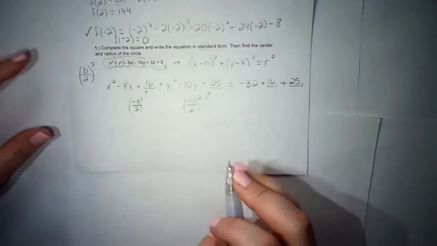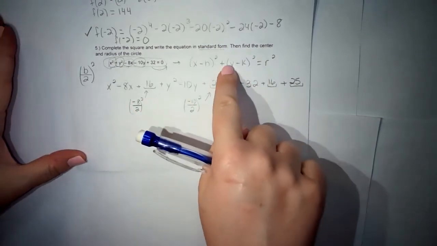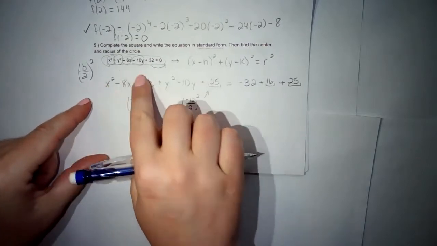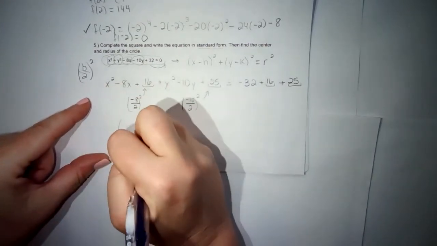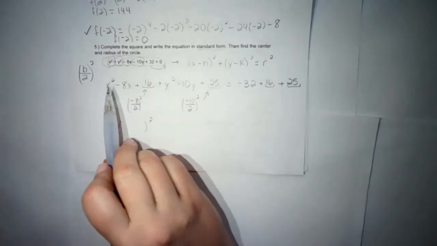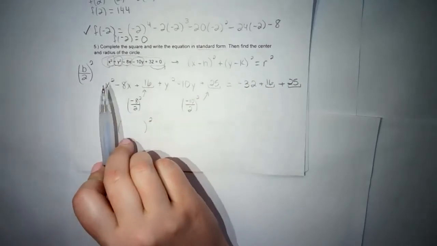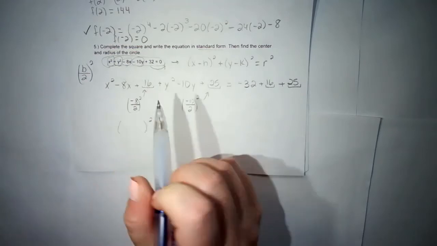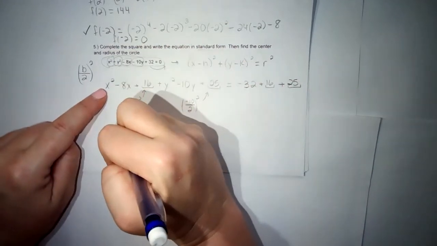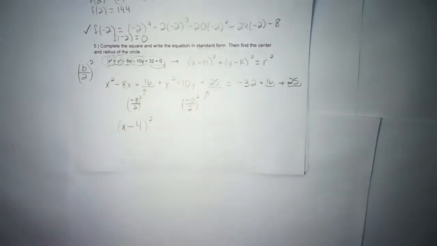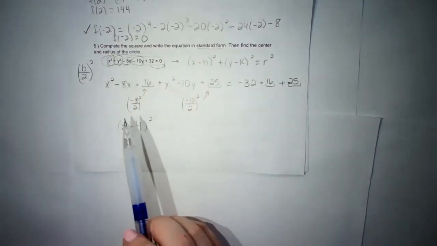All right. Now we're going to turn this big mess into this equation. So we're going to look at these 3 terms here, and we're going to make a parenthesis packet with them. So remember, it's the square root of the first, the sign of the middle, the square root of the last. That's his packet.